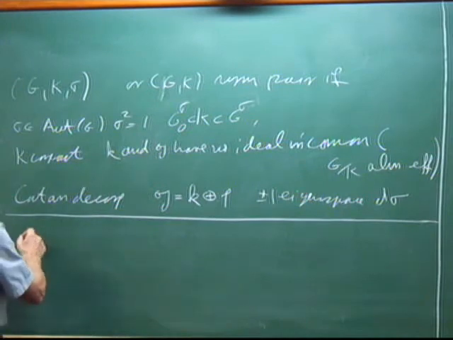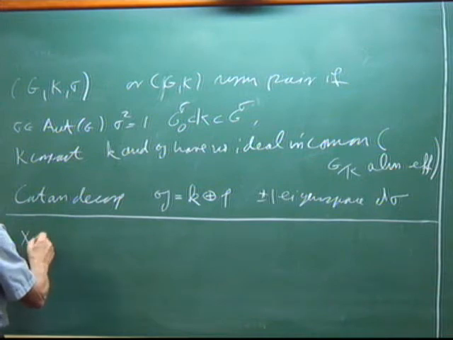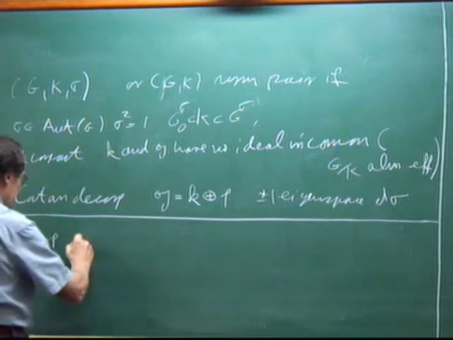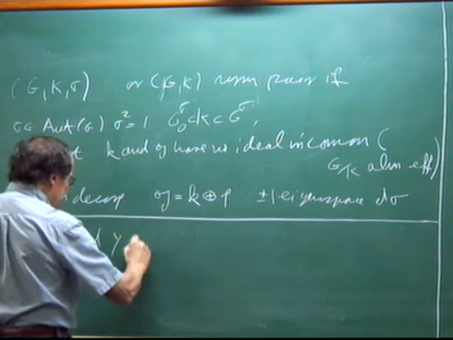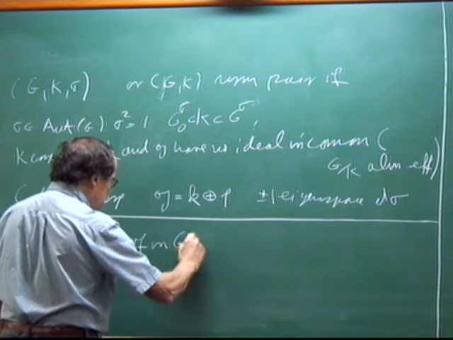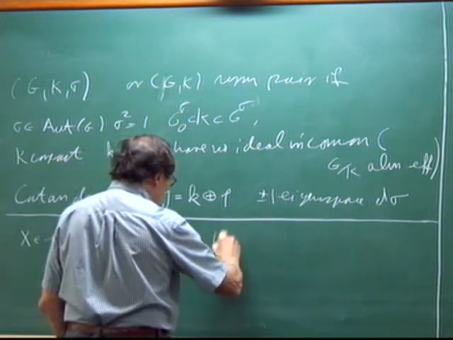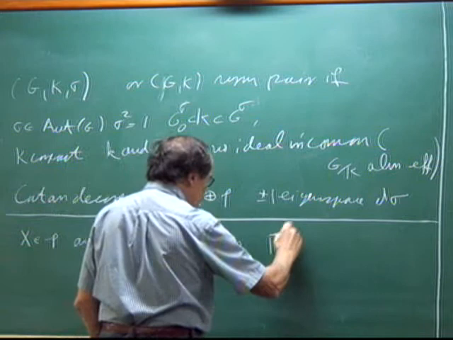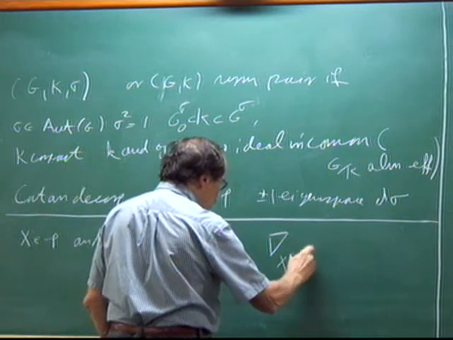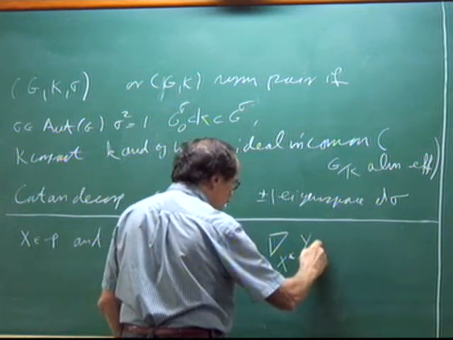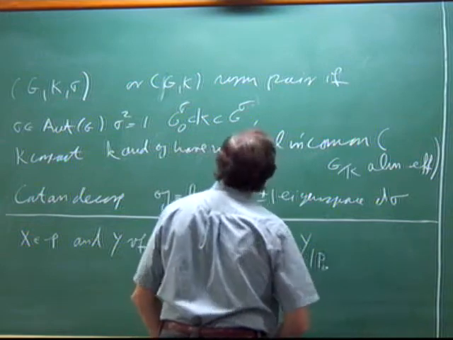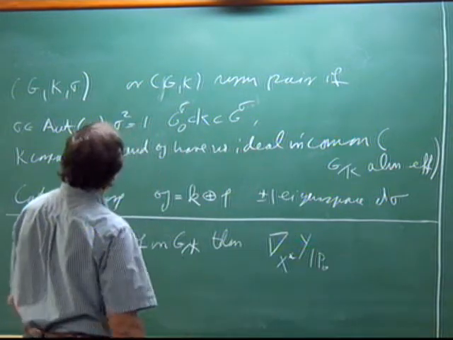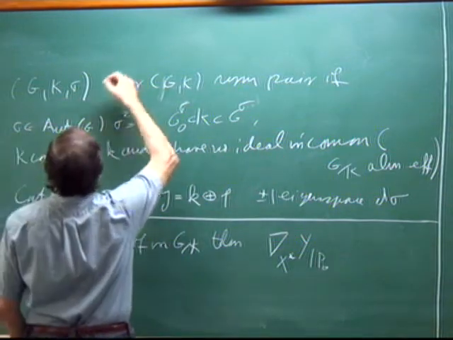And then we had the theorem, two results, right? If X lies in p and Y is a vector field on M, on G mod K, then the covariant derivative is given by the Lie bracket of the Killing field corresponding to X in the direction of Y at the point p naught.